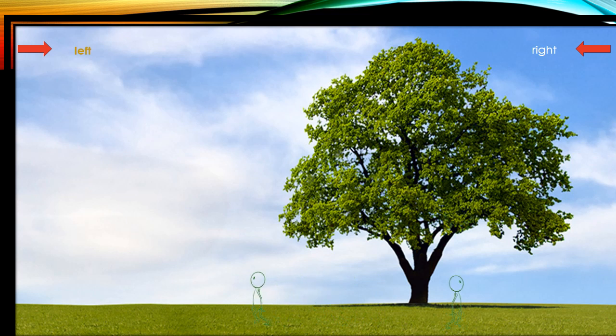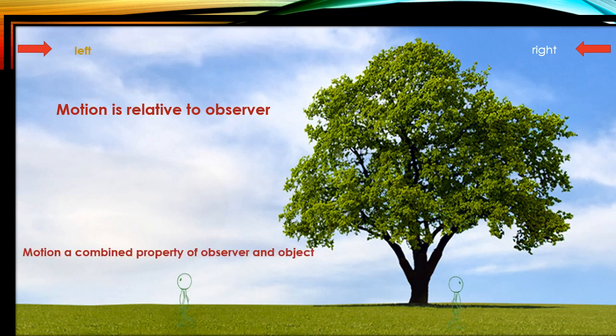And the boy who is moving from right to left says the tree is on the right side. So where is the difference? It is relative to the observer. Motion is always relative to the observer. So motion is a combined property of the observer and the object being observed.